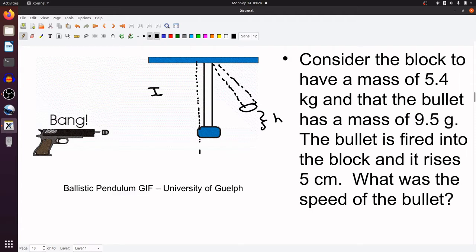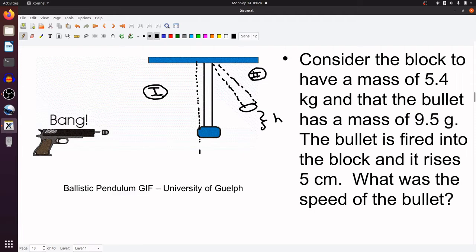Part one is going to deal with the bullet and the block. What happens is when the bullet embeds in the block, it's going to be a completely inelastic collision, and then they're going to rise to a certain height h. This will be part two. So we'll have to do each part.